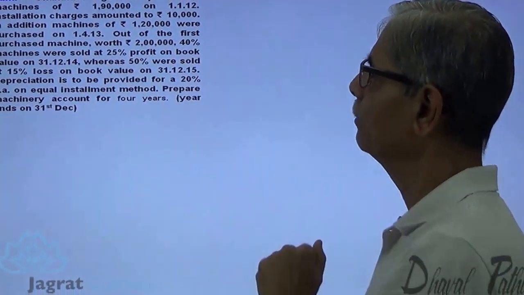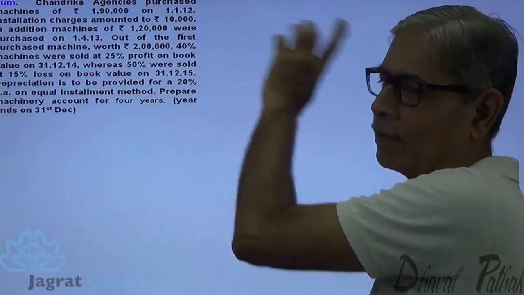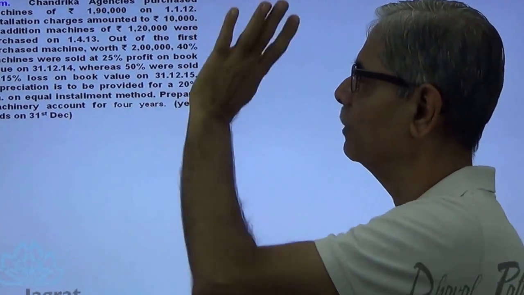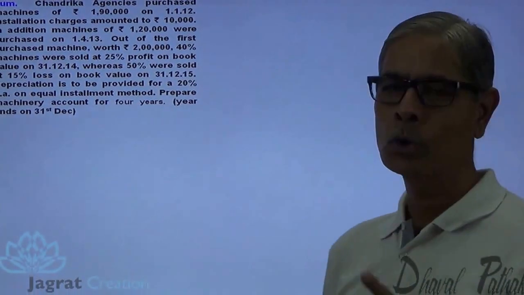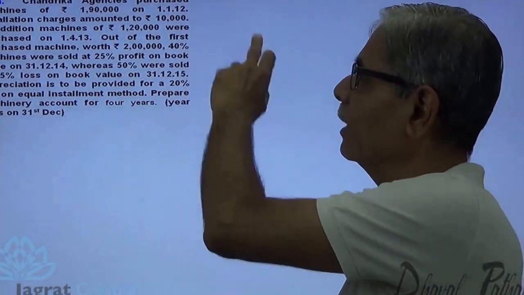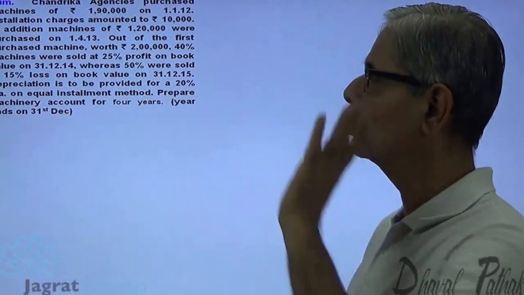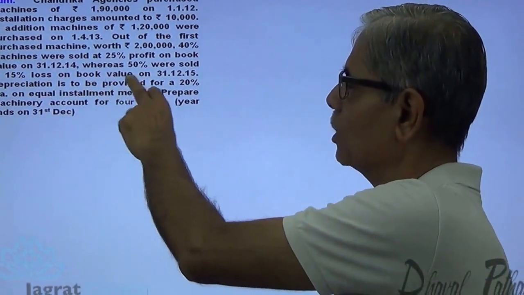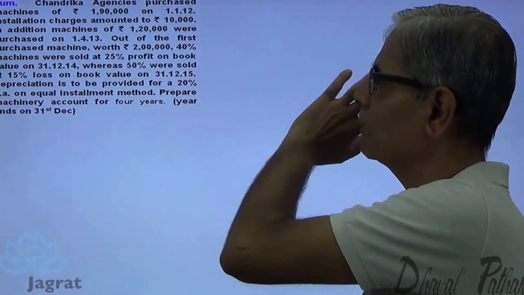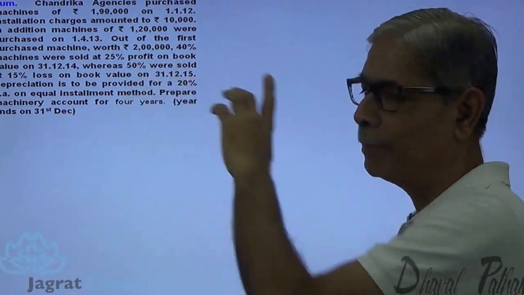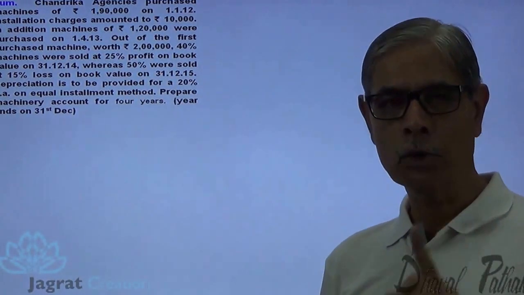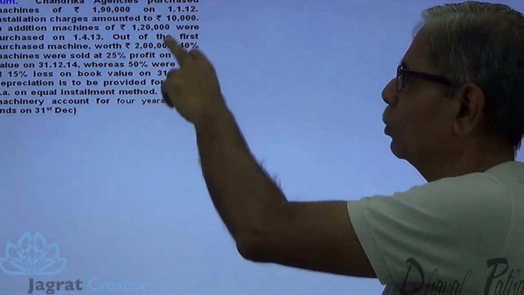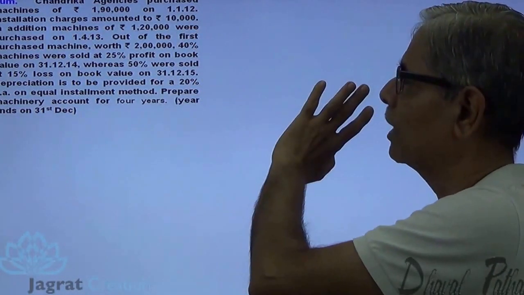So the 40% of the machine is used from 1/1/2012 to 31st of December 2014. Whereas 50% were sold at 15% loss on book value on 31/12/2015. So the 50% of 2 lakhs is being used in business from 1/1/2012 to 31st of December 2015.